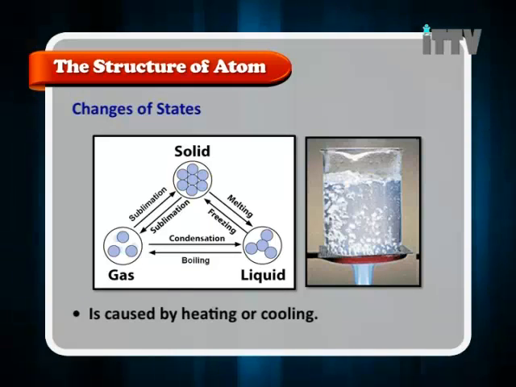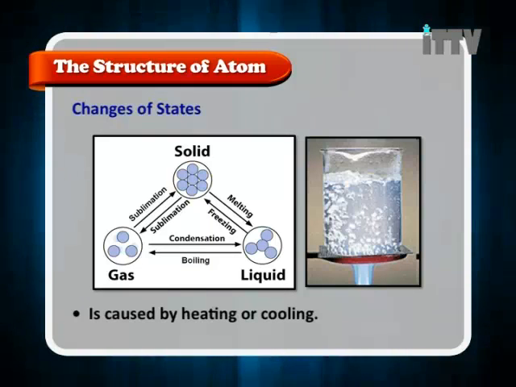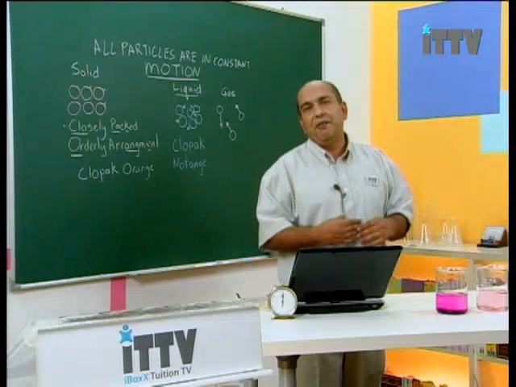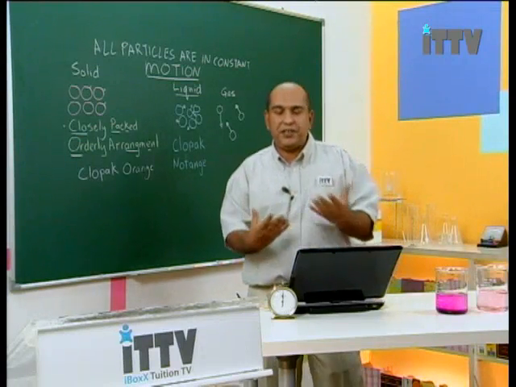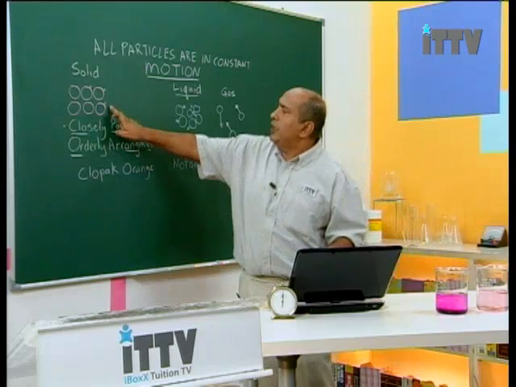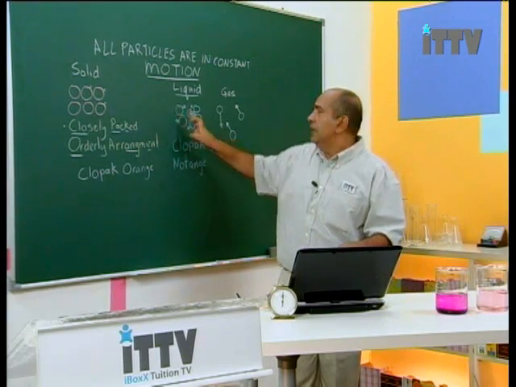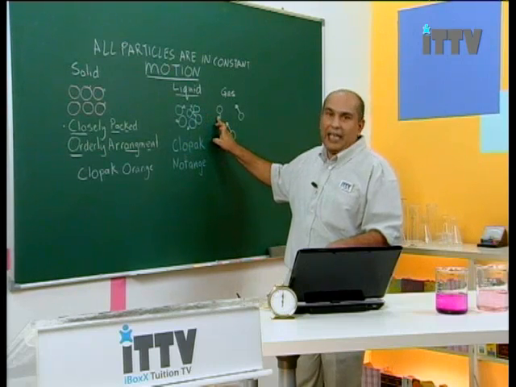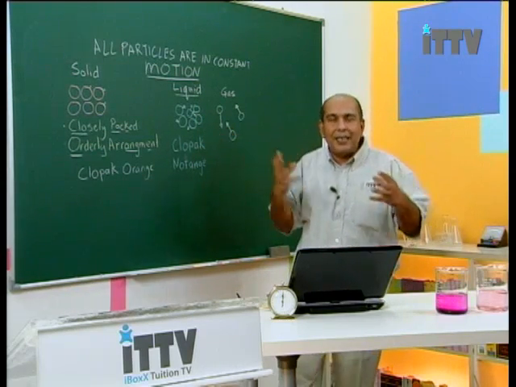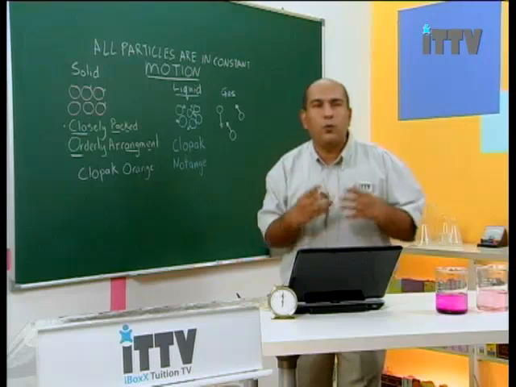Changes of state are caused by heating or cooling. Now, we also did this in our lower secondary, and a change of state is where solid changes into liquid, liquid changes into gas. Now, think about it. This is really, really quite weird.